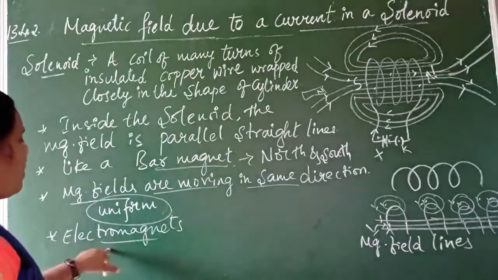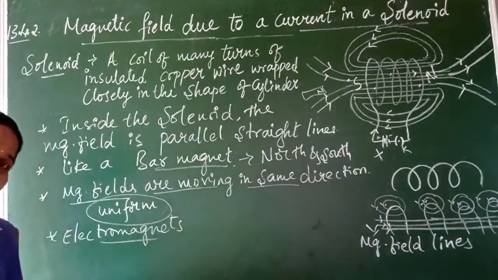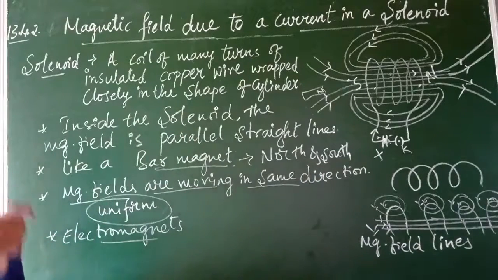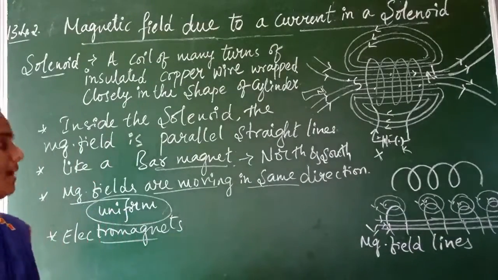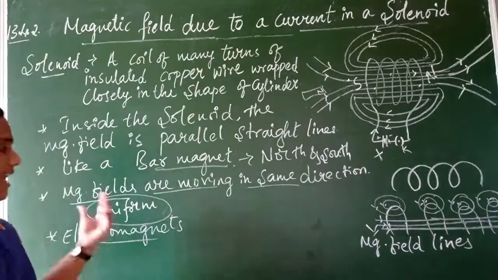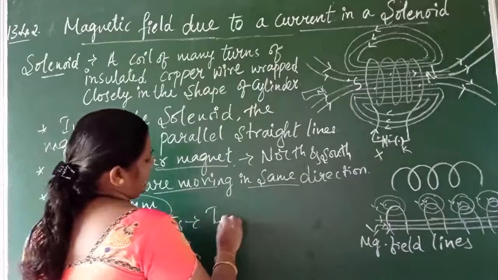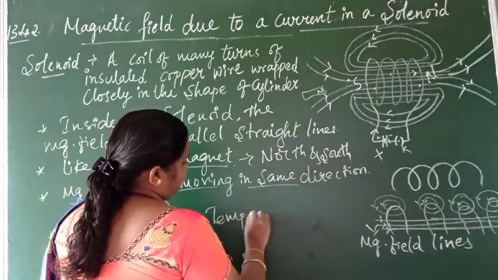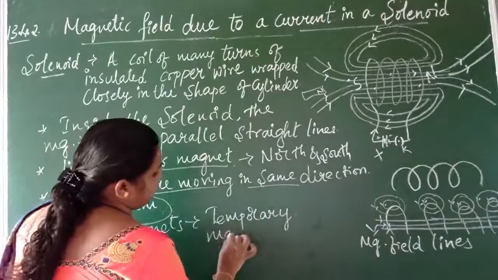So in the case of electromagnets, magnetism can be seen only when the current is on, when the switch is on. When the switch is off, it is not called a magnet. Because of that reason, electromagnets are called temporary magnets.